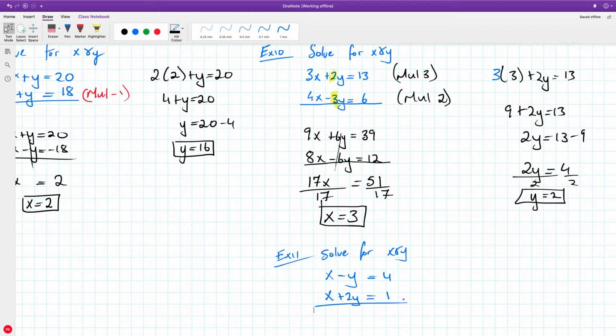What do we reckon? We're going to multiply our top line by 2. And we're going to multiply our bottom line by 1. Because we multiply our top line by 2, we're going to have minus 2y. If we multiply our bottom line by 1, you're going to have plus 2y.